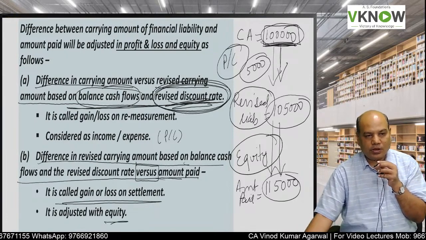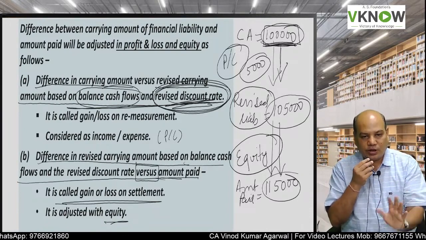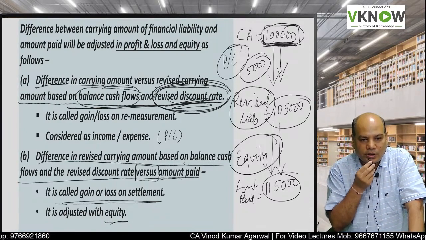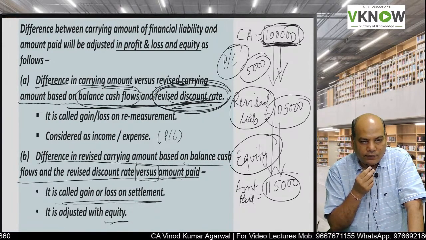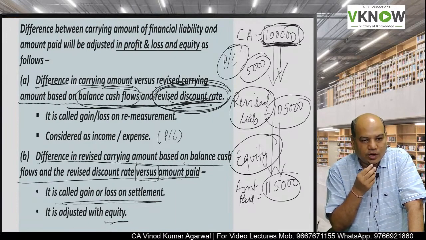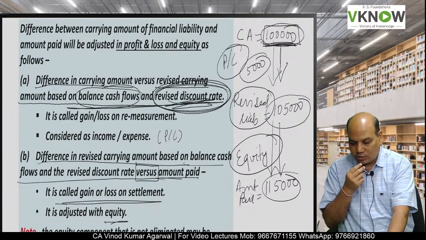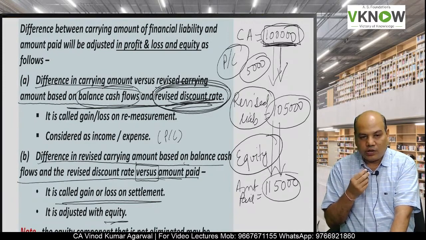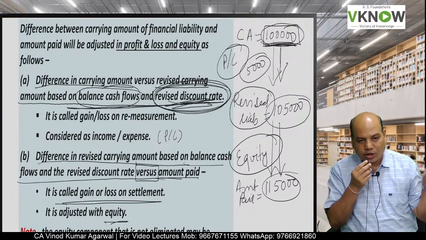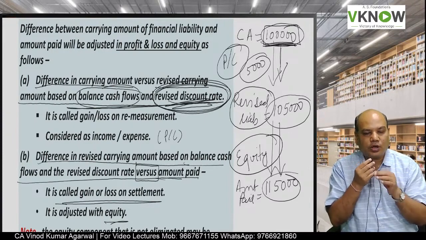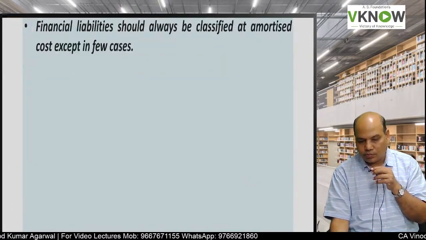If I adjust it within P&L account, it will amount to remeasuring equity, and remeasurement of equity is not allowed. That is why the difference between the revised carrying amount of liability and the amount paid will be treated as adjustment in equity. Any balance left in equity account will be transferred to other component of equity.